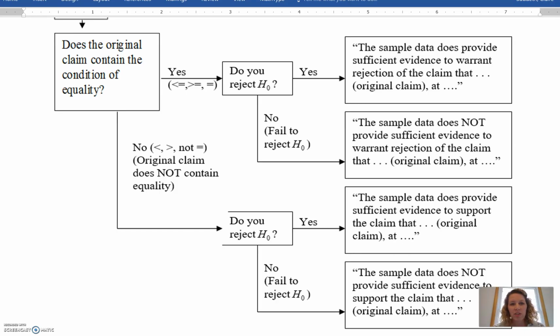We first ask ourselves, does the claim contain the condition of equality? And the answer is no, because remember, HA was mu is less than 25. It did not contain equality. Then we go down and answer the question, do we reject the null hypothesis? The answer is yes. We reject the null hypothesis, so it would be the sample does provide sufficient evidence to support the claim. Let's write that out in words.